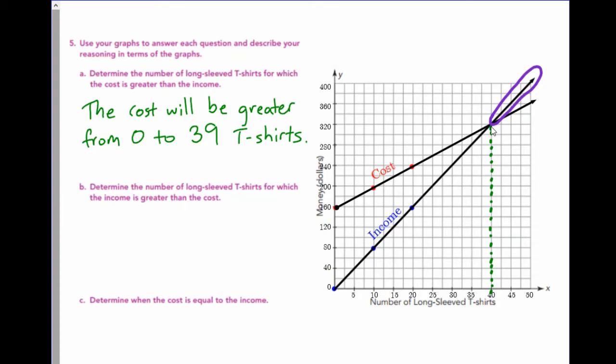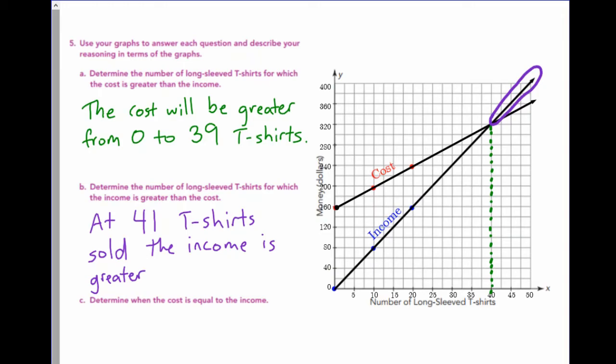So we're going to say at 41 t-shirts sold, that's the point where your income is greater than your cost, but they're not limited to selling 41. They could keep selling them forever and ever. So at 41 t-shirts sold, the income is greater, and anything more than 41, it will stay greater.